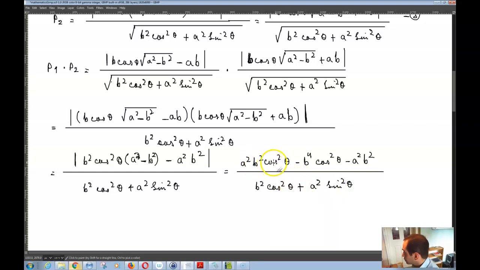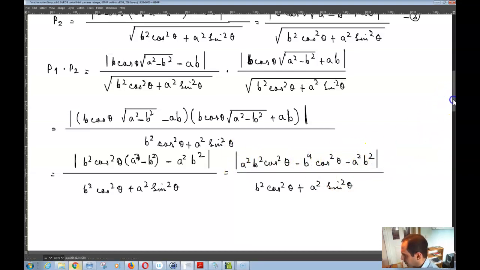So over here I have a squared b squared cos squared theta minus b raised to the power 4 cos squared theta minus a squared b squared over this whole expression. And now you can take the b squared out, and this is all in an absolute value function.